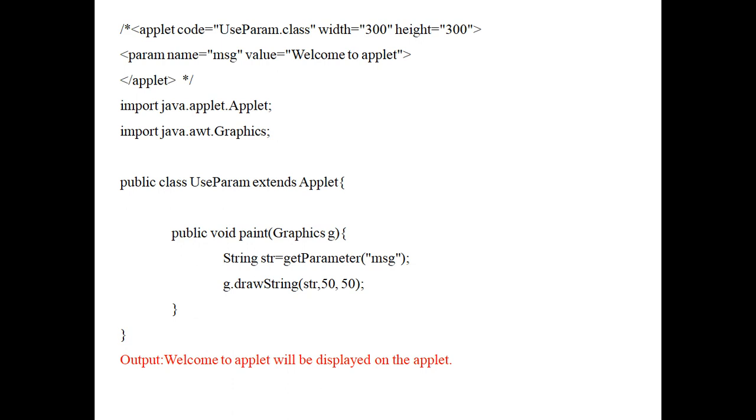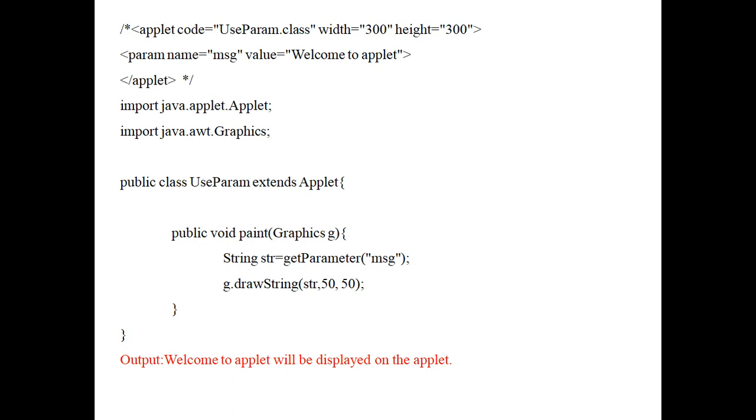So String str is equal to getParameter("MSG"), which means that now str contains welcome to applet because getParameter has returned the value of the parameter that was passed. Now if you want to display the value of the parameter on the body of the applet, you have to use the drawString method.